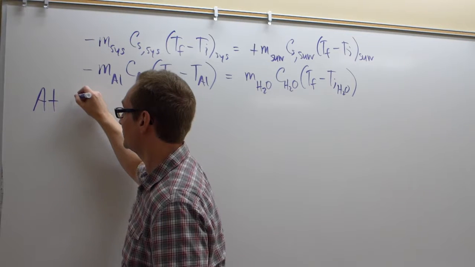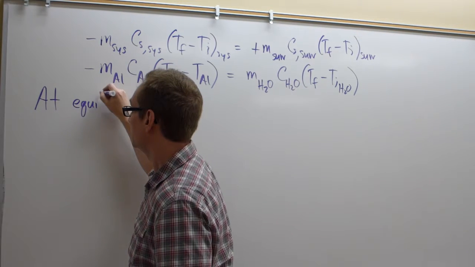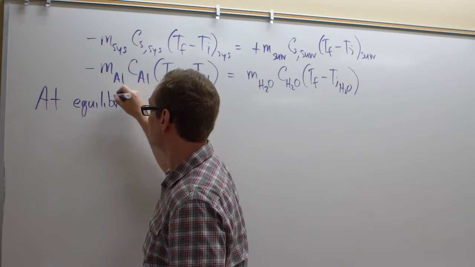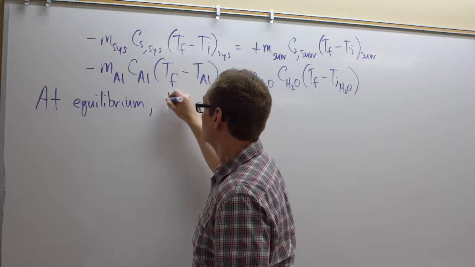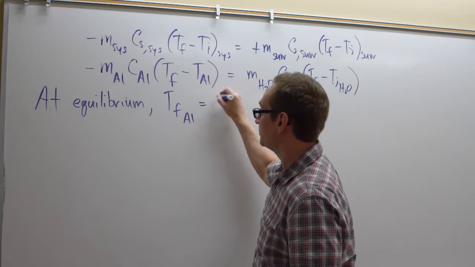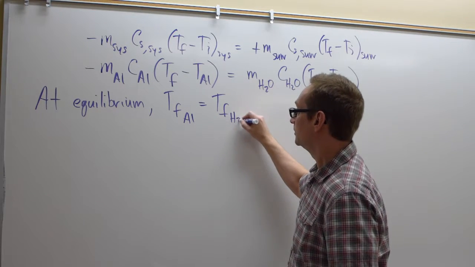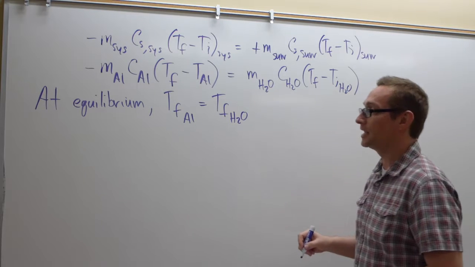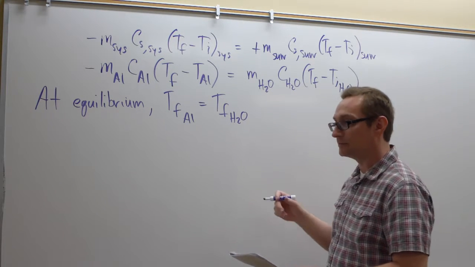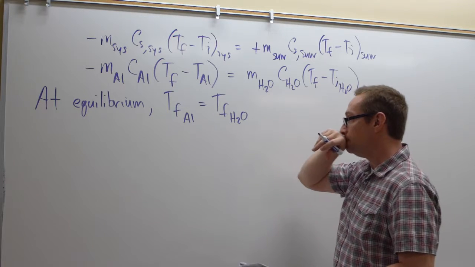At equilibrium, this is the key idea here: T final aluminum is equal to T final water. Once these reach thermal equilibrium, they're going to be the same temperature.